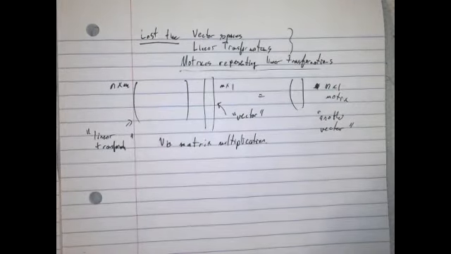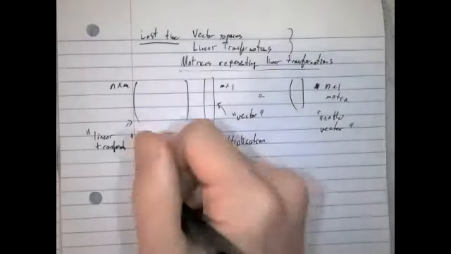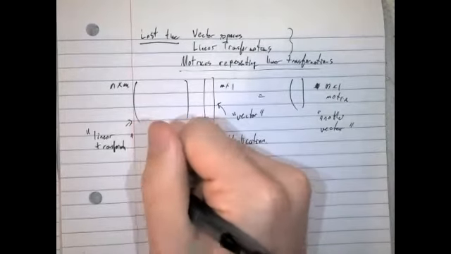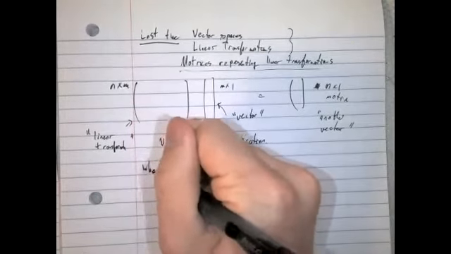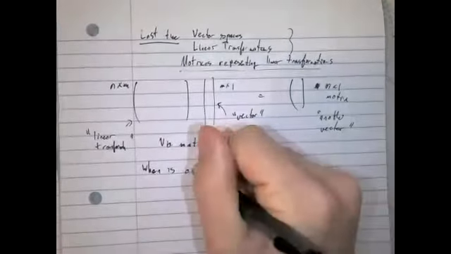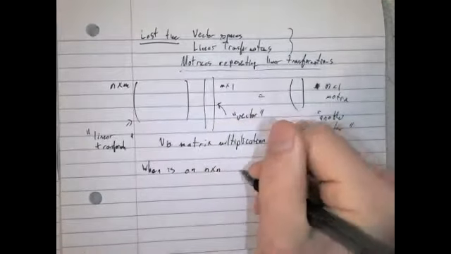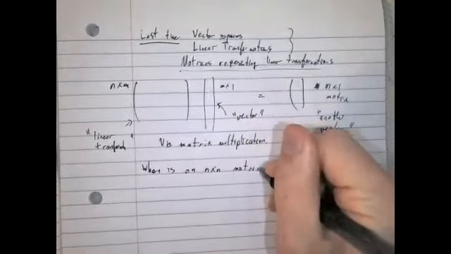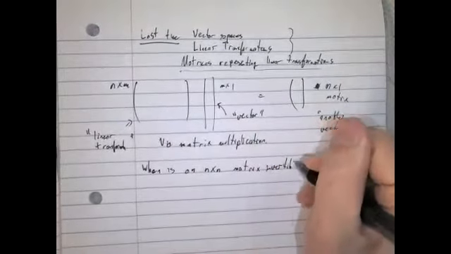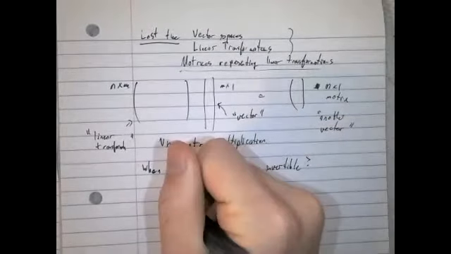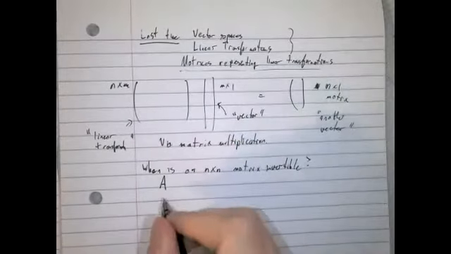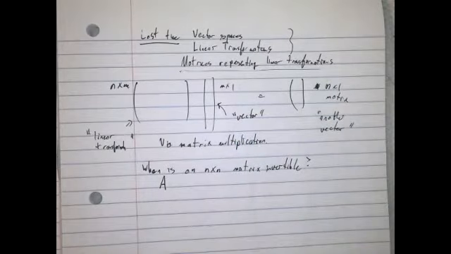The next thing that we wanted to talk about is when is an n by n matrix invertible? First of all, can someone remind me what it means for a matrix A to be invertible? What's the definition?